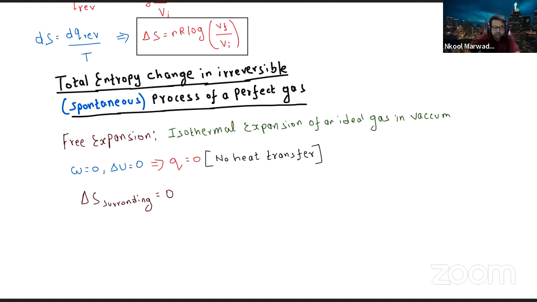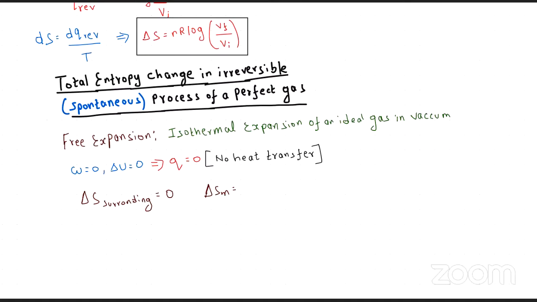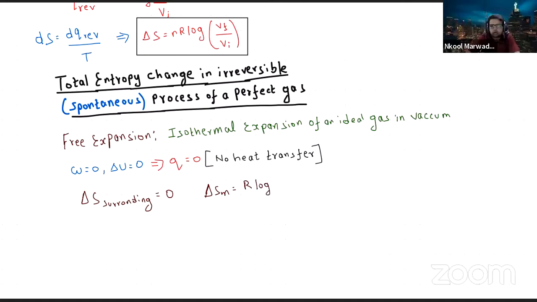Using this, we can write one very interesting observation. Delta S sys, where sys means system. The change in entropy of the system will be given by that formula, Q by T, so T will cancel, so R log Vf by Vi. We are taking 1 mole of gas, so instead of n, I can write 1.